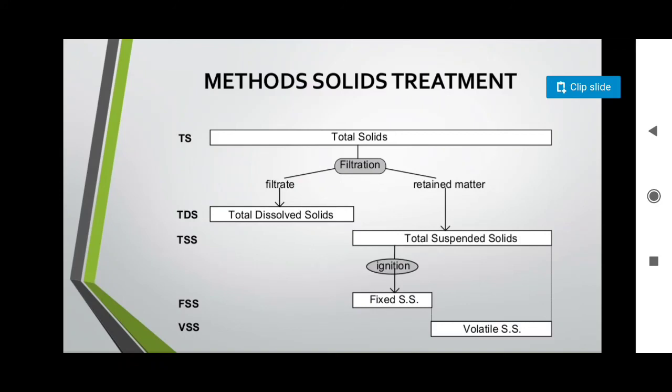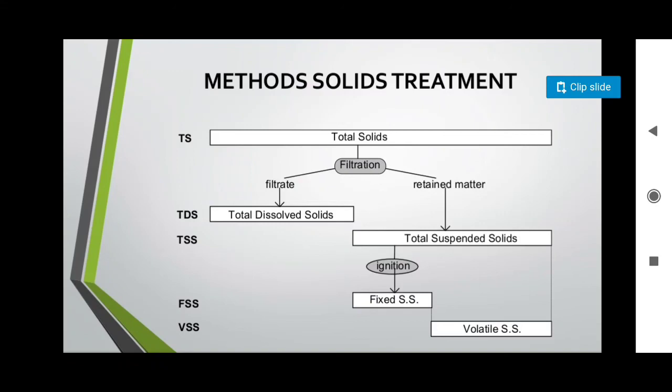Now what we do is we try to filter this total solid, right? So when we filter the solid, the dissolved solid passes through the filter paper. There is a paper called Whatman paper, whose pore size is usually between 0.45 micron to 2 micron, right?